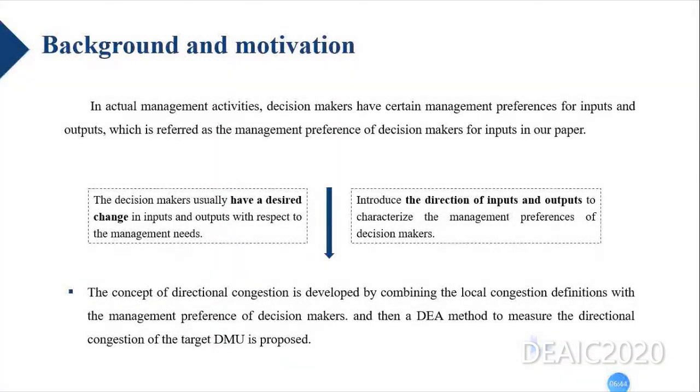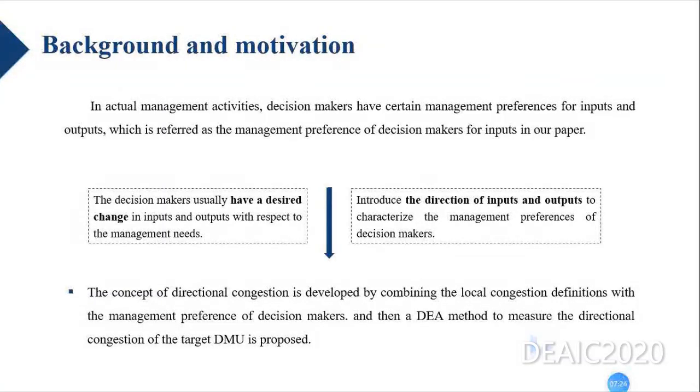This relationship is referred to as the management preference for inputs in our study. In this sense, what the decision maker really cares about is whether congestion will occur when the input is adjusted according to such a relationship. However, the traditional methods are not precise enough to answer these questions. Similarly, there is such a problem with output.